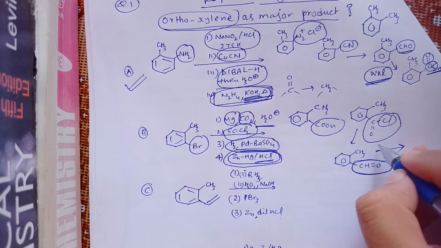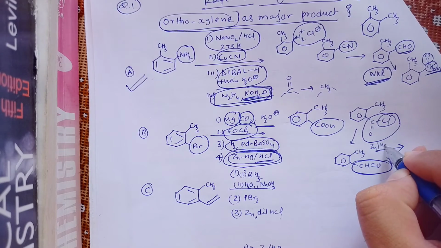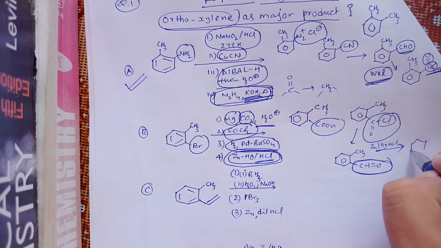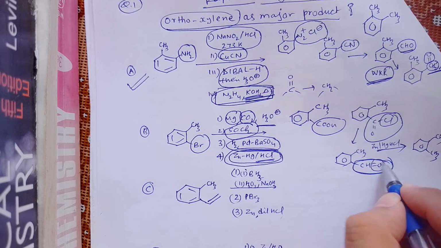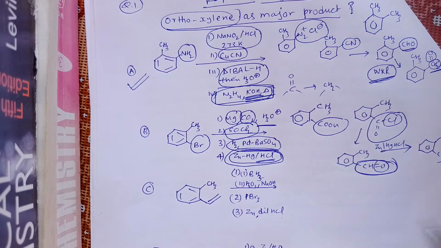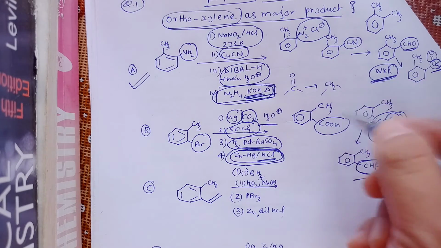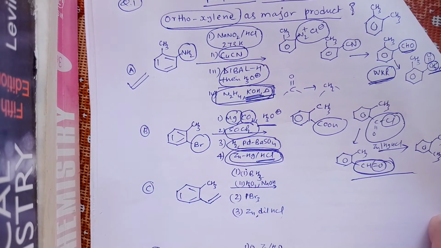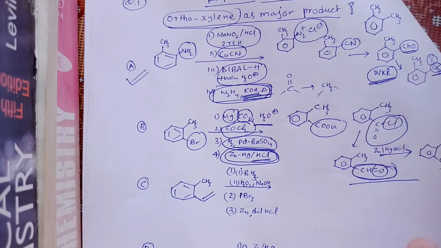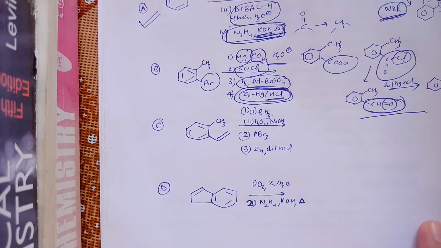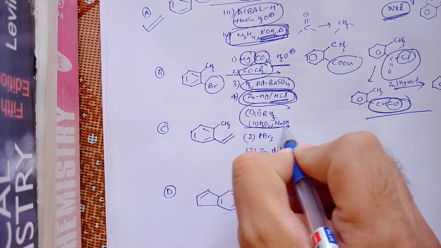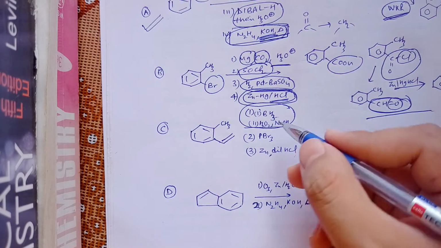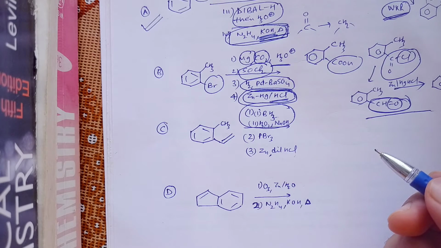So after Clemmensen reduction, that is ZnHg HCl, you will get CH3 and here also CH3. This double bond O will convert into two hydrogens. There is a beautiful mechanism for both Wolff-Kishner and Clemmensen, but if I write the mechanism, it will take a lot of time, so I skip that, but in some videos I will write the mechanism also.